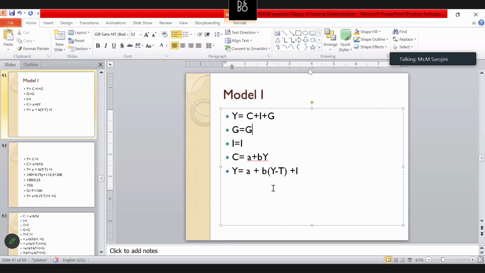Once we construct the equilibrium equation using this information, that gives Y equal to C plus I plus G. Here C is equal to A plus BY, so Y is equal to A plus BY plus I plus G.